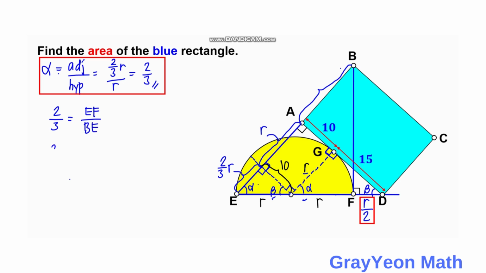So 2 thirds is equal to 2r, because this is the adjacent side, over the unknown, so let's call that BE. We can cancel these two and cross multiply. So BE is equal to 3R.